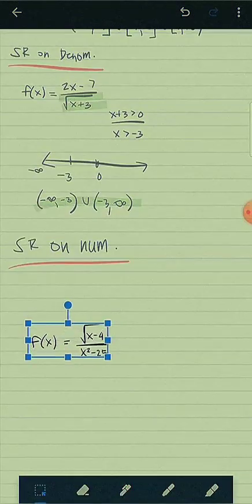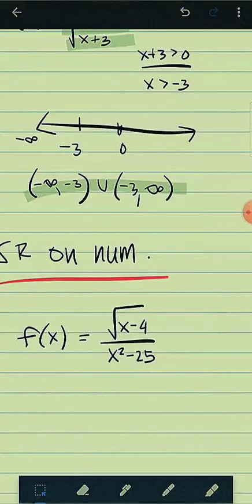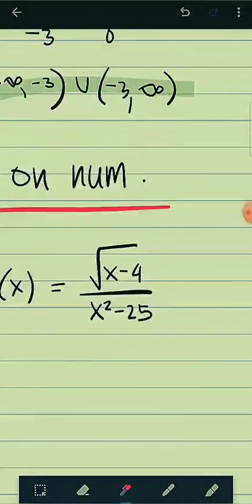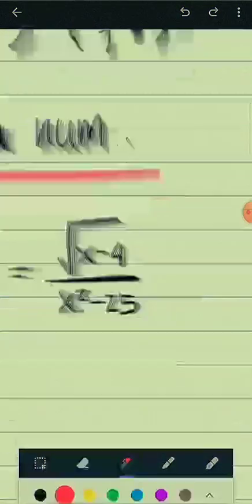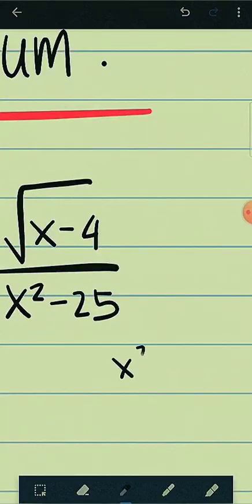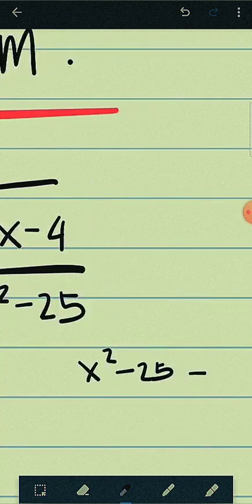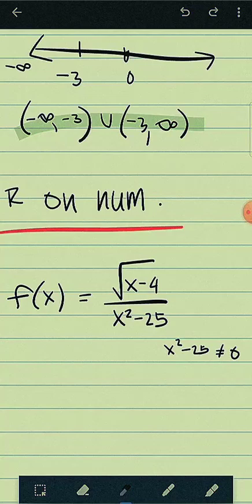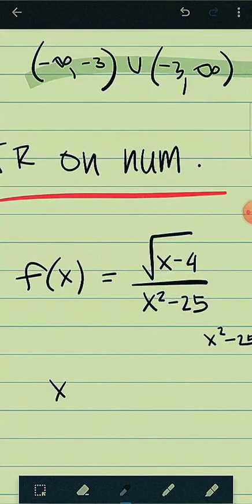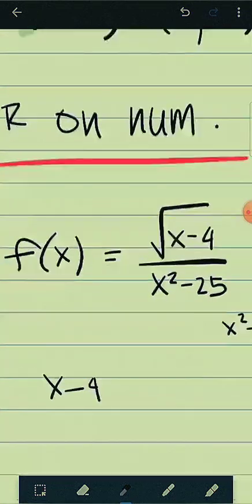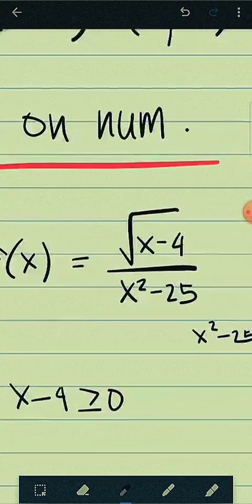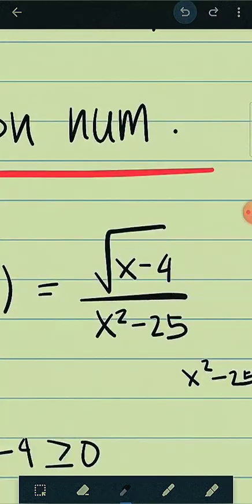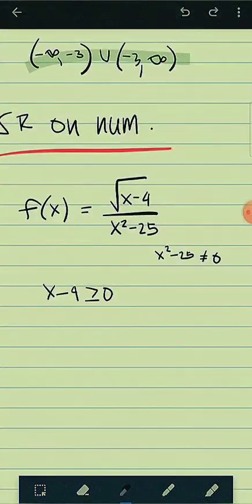So, now what if we have this case here? f of x equal to root x minus 4 over x squared minus 25. So, again, denominator cannot be equal to 0, so set that not equal to 0. And for the numerator, since it cannot be a negative number, just set x minus 4 greater than or equal to 0, since we can have 0 numerator here and that's defined.